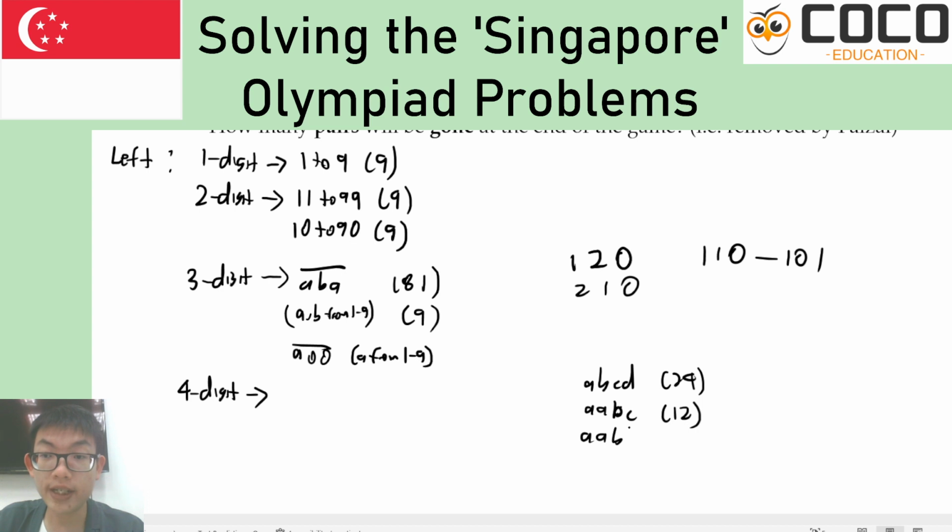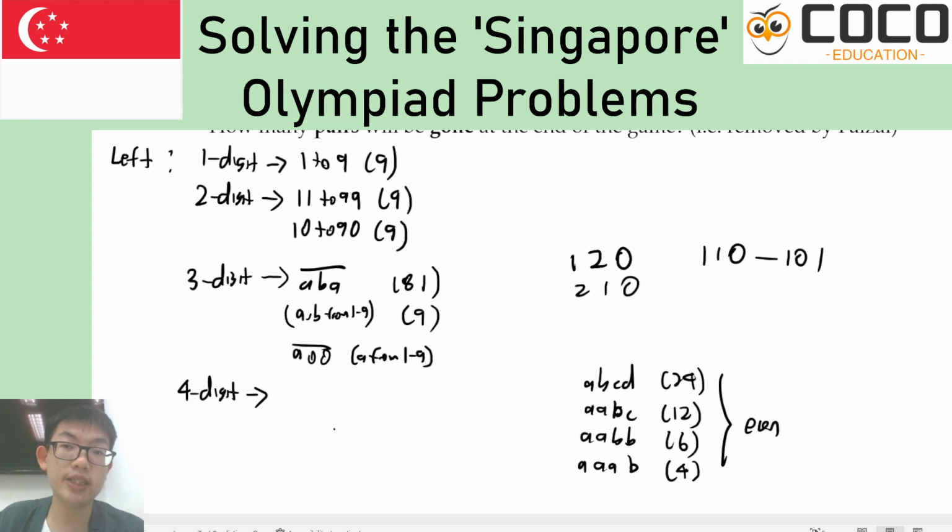If we have two pairs, that would be 6 ways. And if there is a triple, that would be 4 ways. So all of these are even, which means that the first thing that I will write down are just the A. Obviously, those are going to remain.